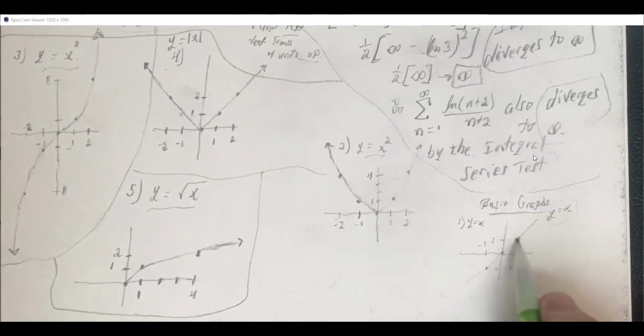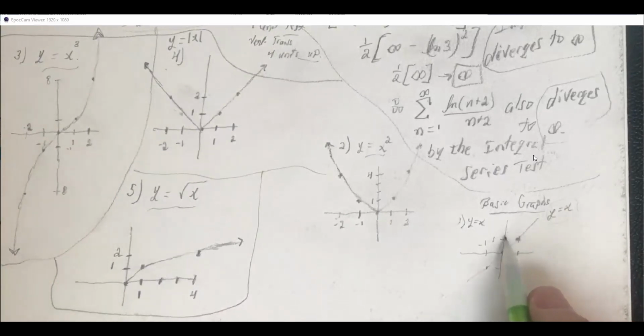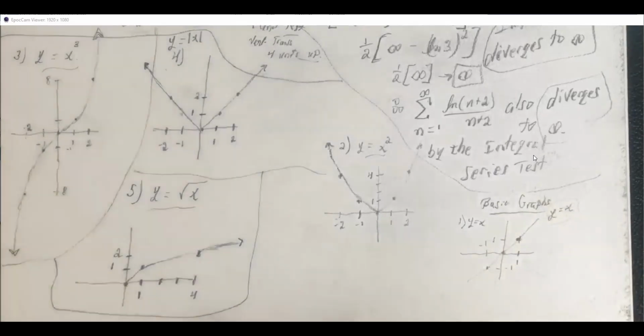The new graph won't be this one anymore, but it comes from this originating basic linear function, the parent function of a line. And it'll tell us, move all these points either closer to the y-axis or away from the y-axis.